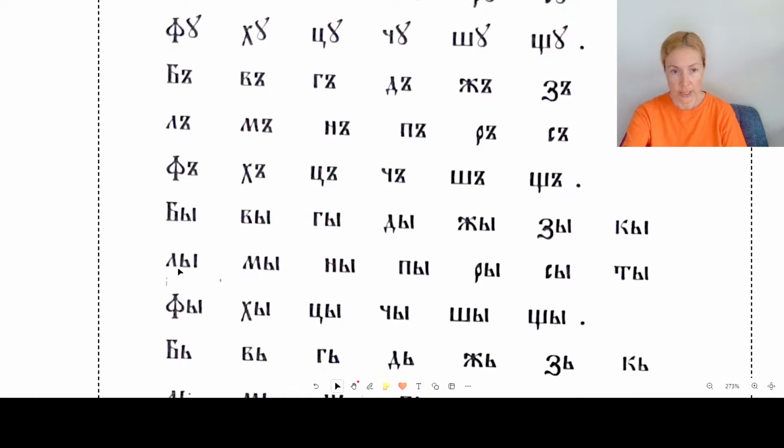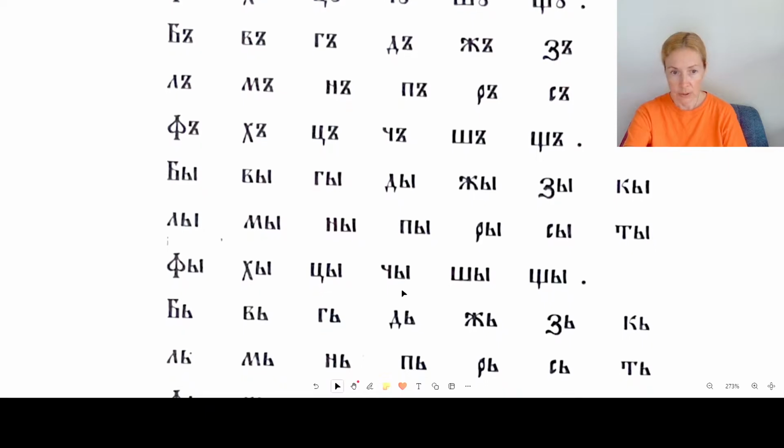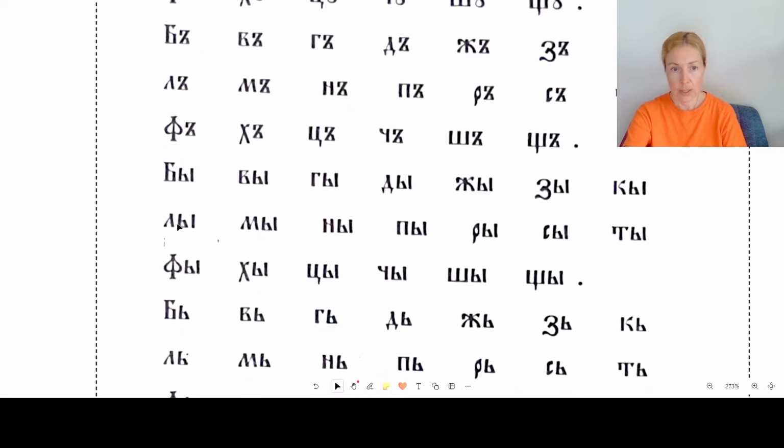Let's move to the next line. Li. Again, like litter box. Li. Li. Not litter box, but like li. Ми.